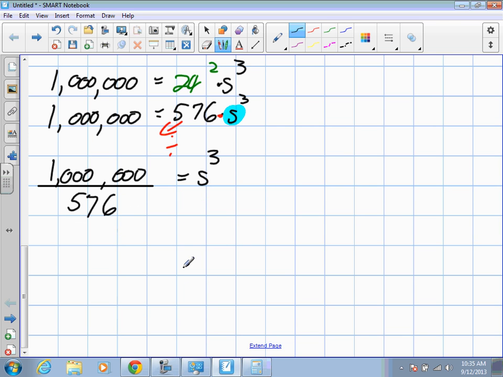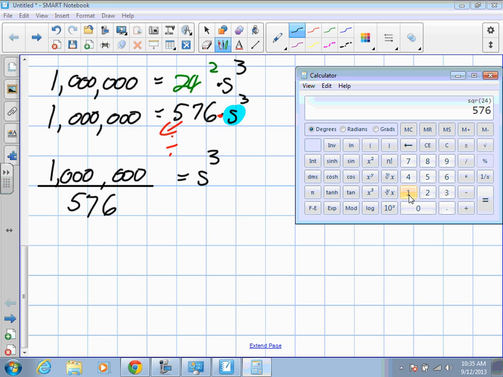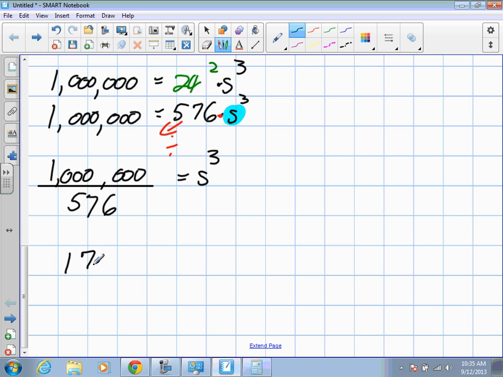Let's figure out what that value is. Okay, I'm going to bring it up on here. 1 million divided by 576 gives us 1,736.1. Okay. 1,736.1 is equal to S cubed.